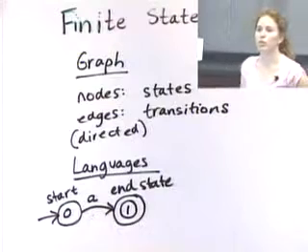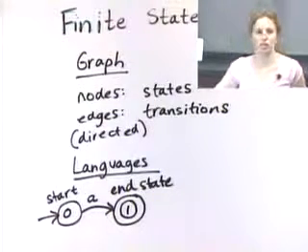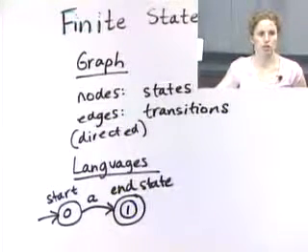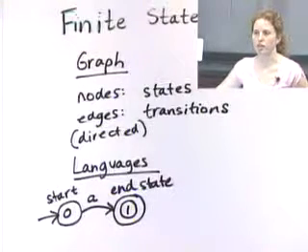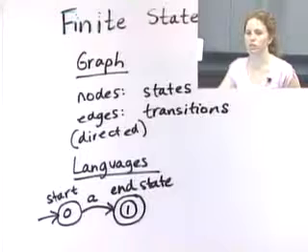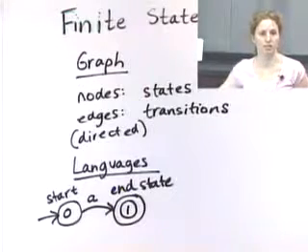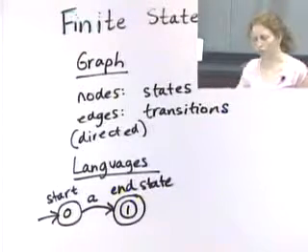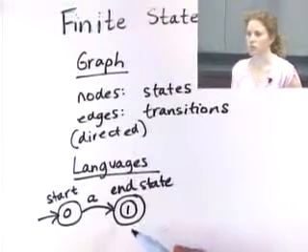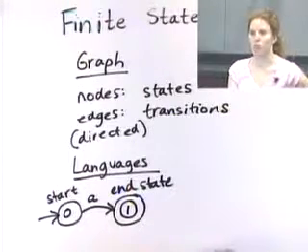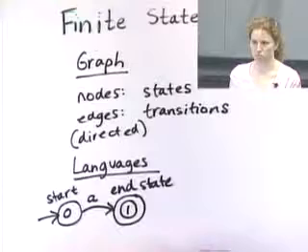And the language accepted by this finite state machine would be the language containing just the letter A, because it would be the only thing that this machine will accept and say yes. So if I get to this end state, the machine will say yes. So the output would be yes.